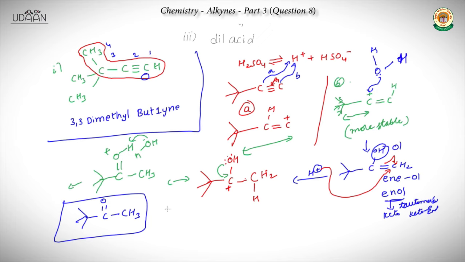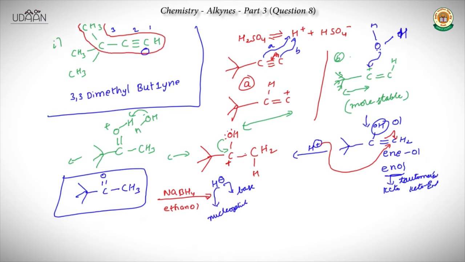Now let's look into the second part of it, where you have treated this with NaBH4 in the presence of ethanol. So NaBH4 is a good hydride donor, no? Yeah, hydride is H minus. H minus is a very good base if there is acidic hydrogen. If there is no acidic hydrogen, it acts as a nucleophile.